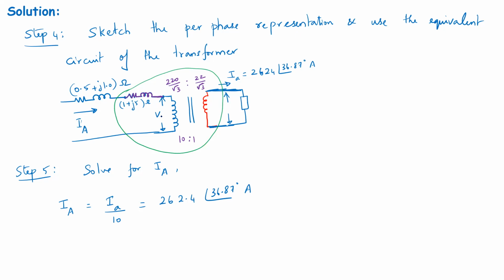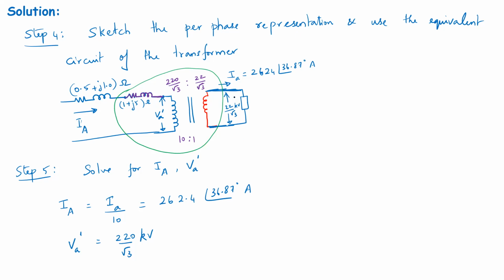So this is going to be VA dash, okay. And the current here is going to be IA dash, which is equal to IA. And VA dash is going to be equal to 220 divided by root 3 kilovolts. Why? Because the load voltage is already known, and it is 22 divided by root 3 kilovolts. That's the voltage across this red winding, if you recollect.